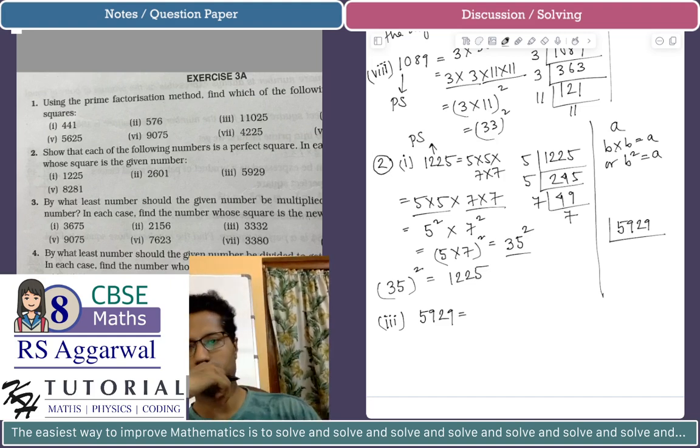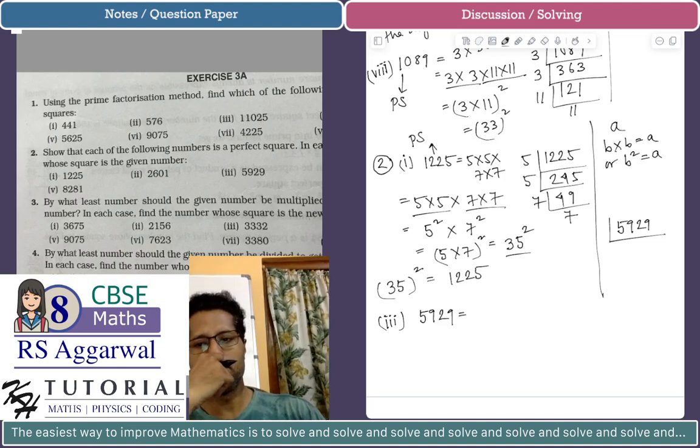Okay, so it is a perfect square. What can it be?